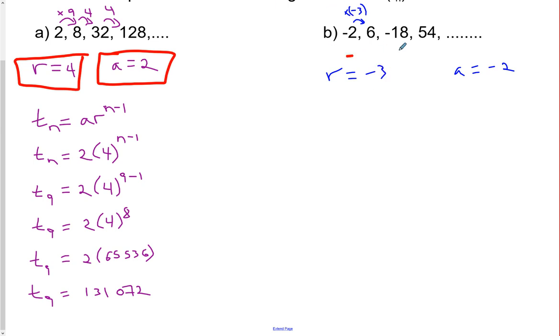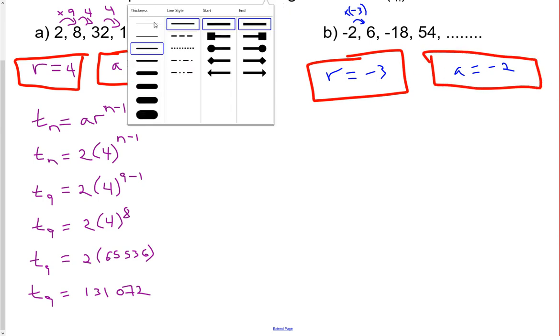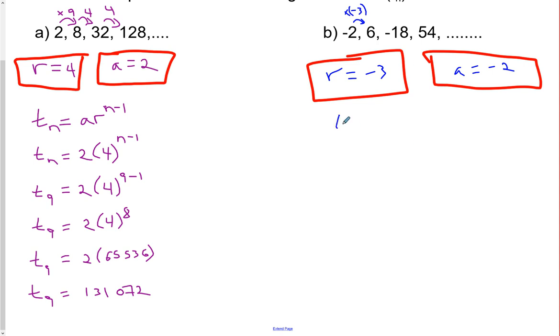So my R value is going to be negative 3. Let's make our general term. So there's my general term. And now if I want to get my 9th term, I got to plug in a 9.